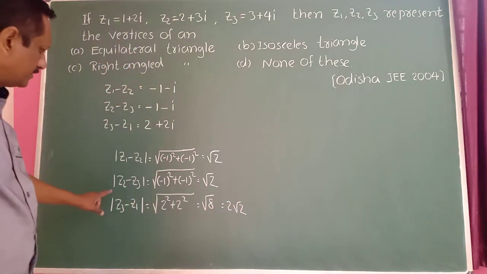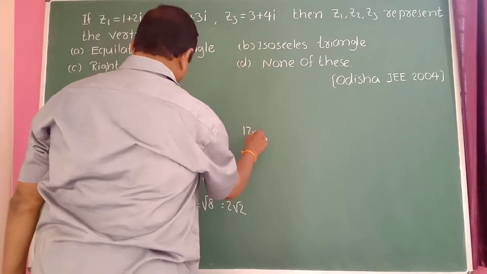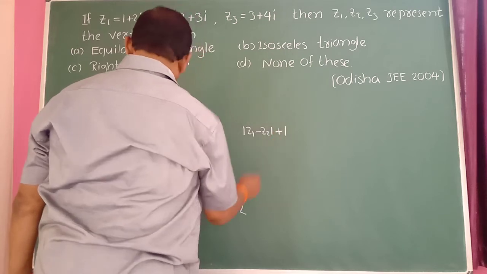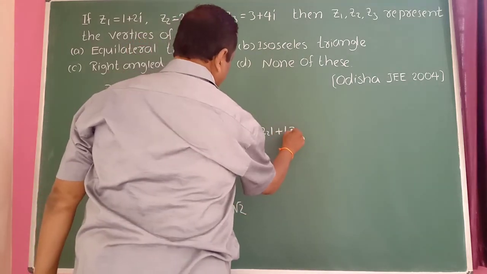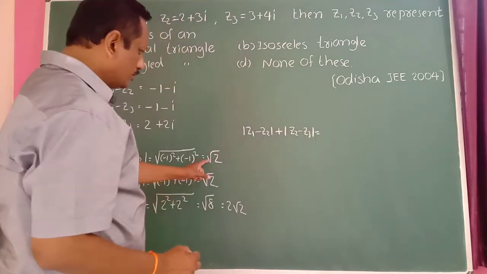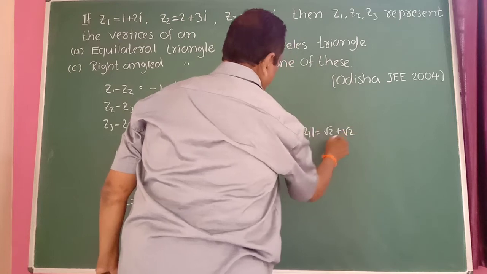Therefore, the sum of these two gives this: modulus of z1 minus z2 plus modulus of z2 minus z3 is equal to root 2 plus root 2, that is 2 root 2.